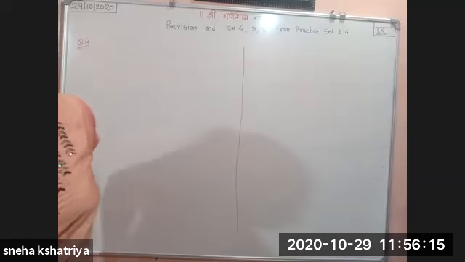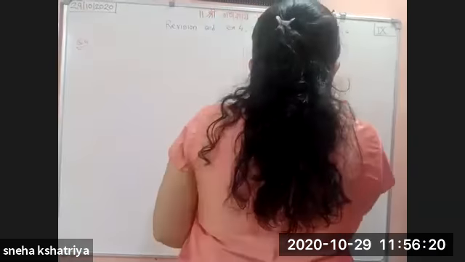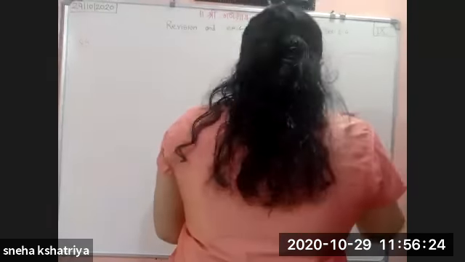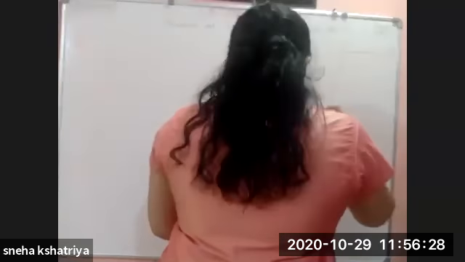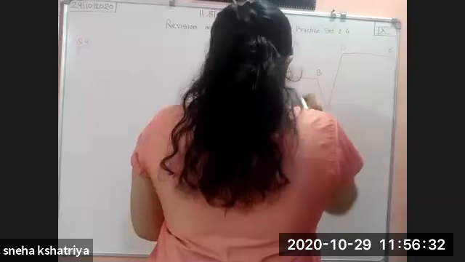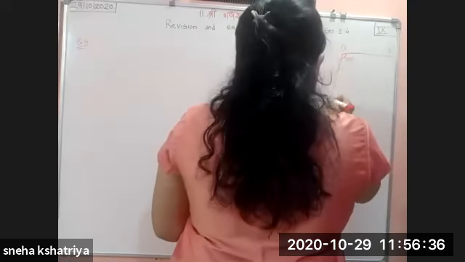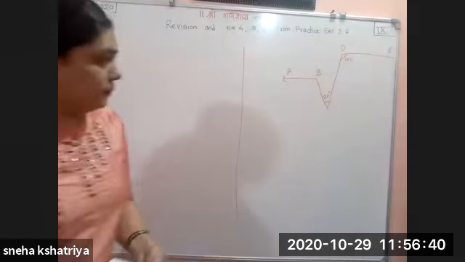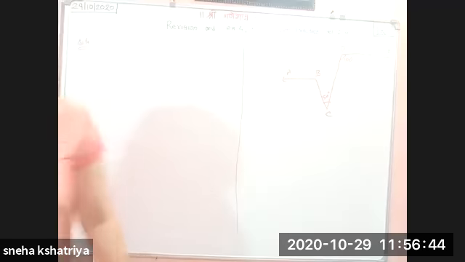They have given here a diagram, so we will draw the diagram first. B, here is E, B, A, this is 100, this is 50, and this point is C. What is the question given to us?